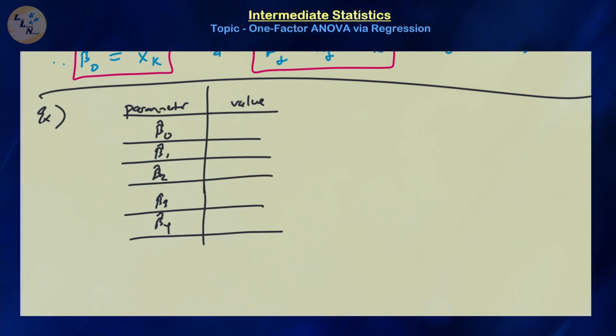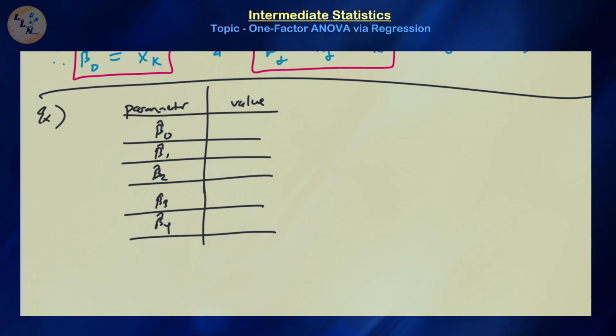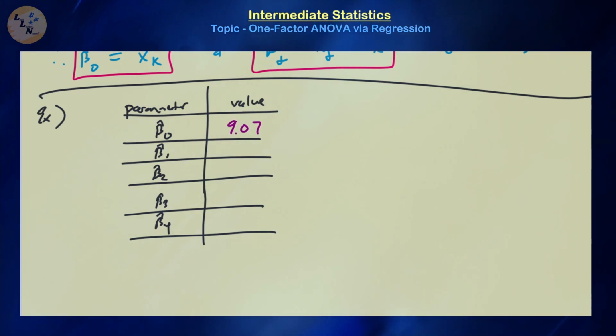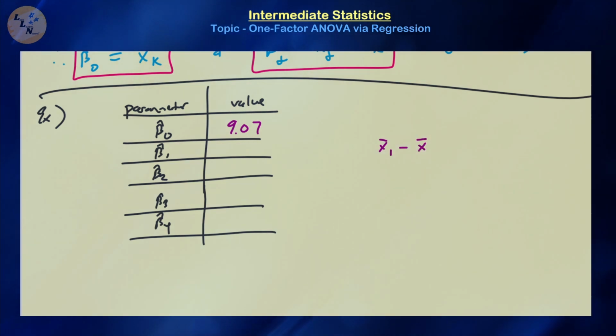So beta hat 0 is going to be what? That's going to be the mean of category 5, our elder group, which we found to be equal to 9.07. Beta hat 1 is going to be approximated by x bar 1 minus the x bar of our elder group x bar 5, and that's going to be found to be equal to 0.13, and then you can find the others.